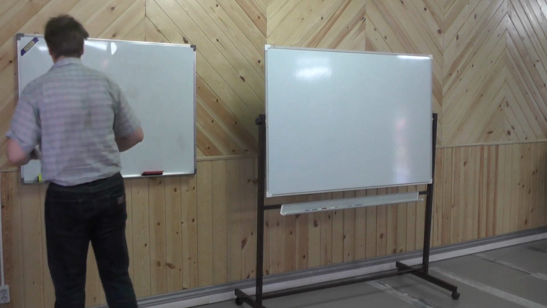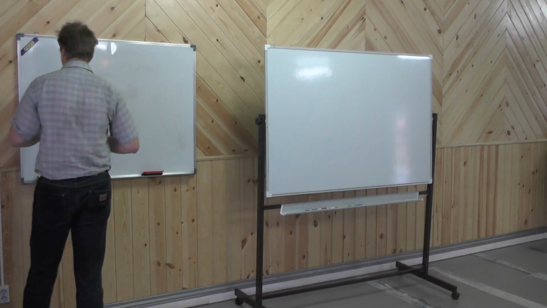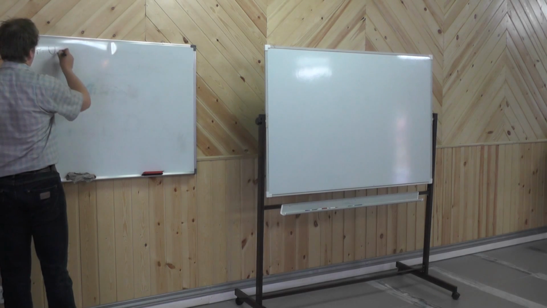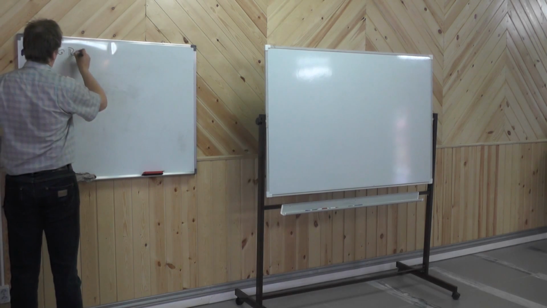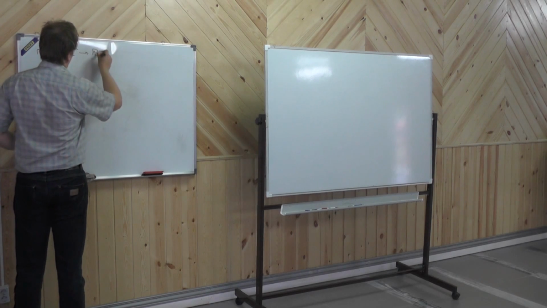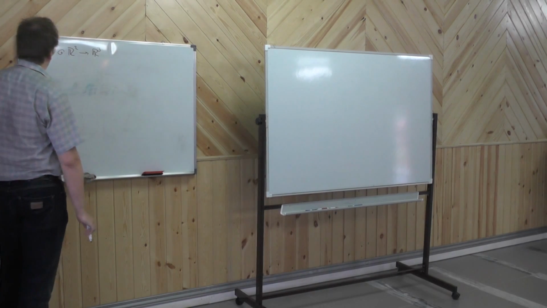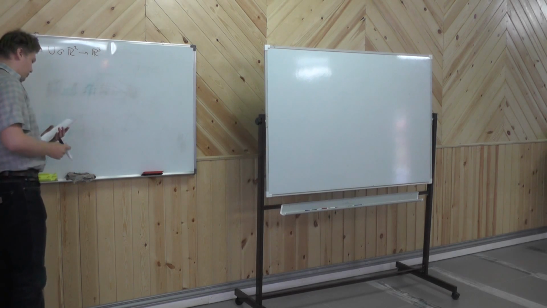things about geometry of surfaces. So what is a surface? A surface is a map that depends on two parameters, u1 and u2, and goes to R3.